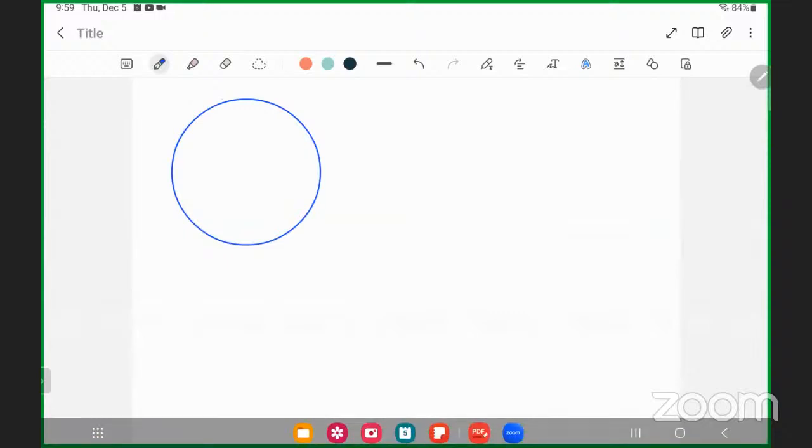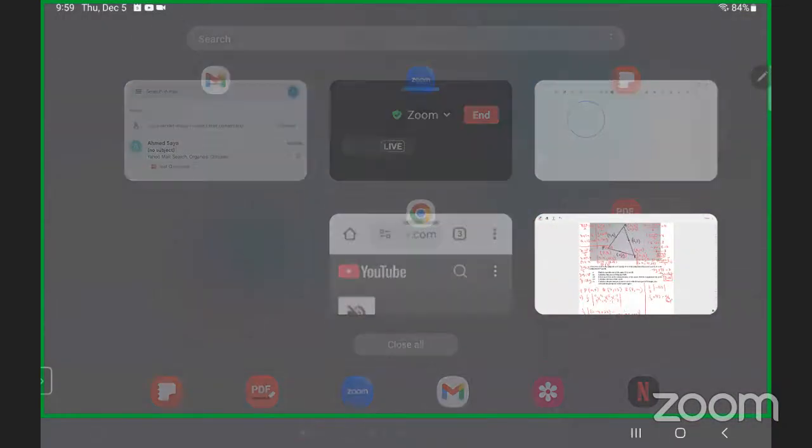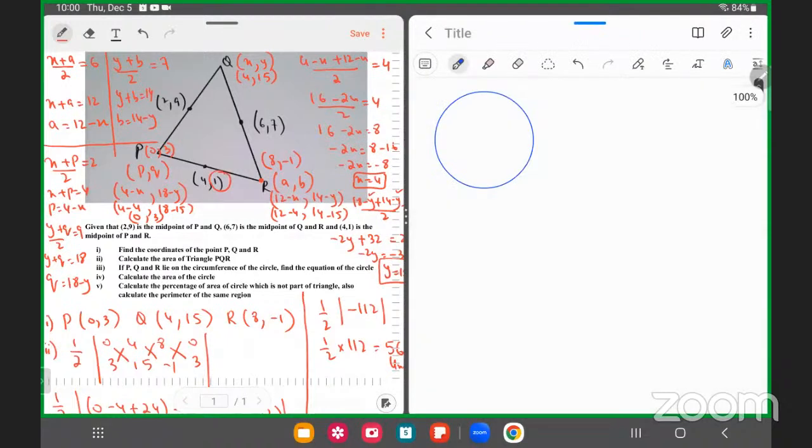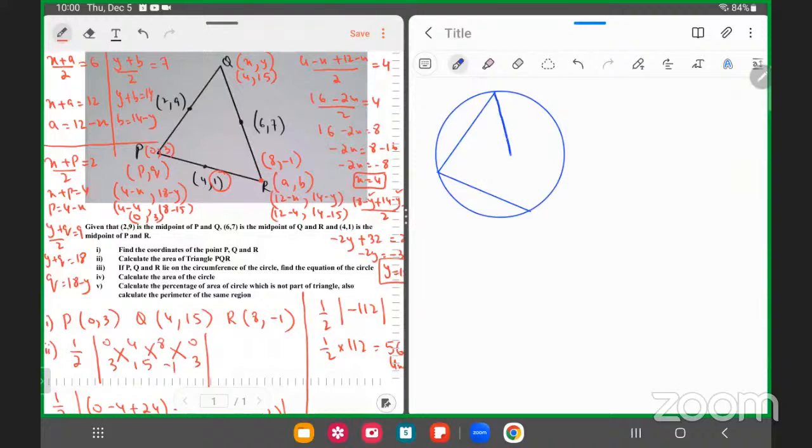So in this case, this triangle is such that PQR lies on the circumference of the circle. So if 3 points lie on the circumference of the circle, the equation of their perpendicular bisectors will be used to find the center of the circle.